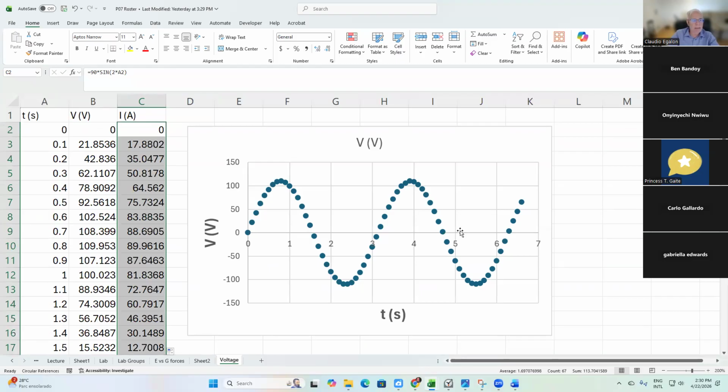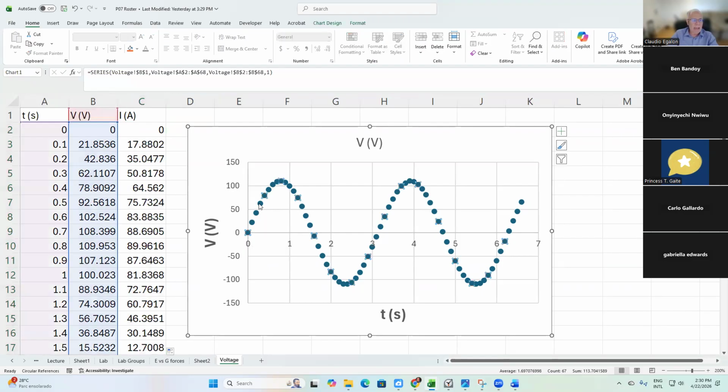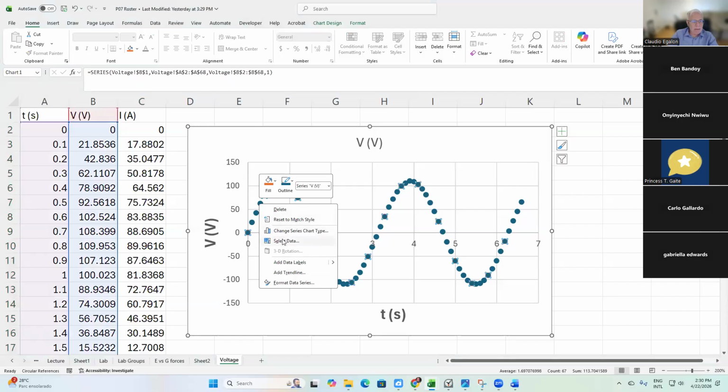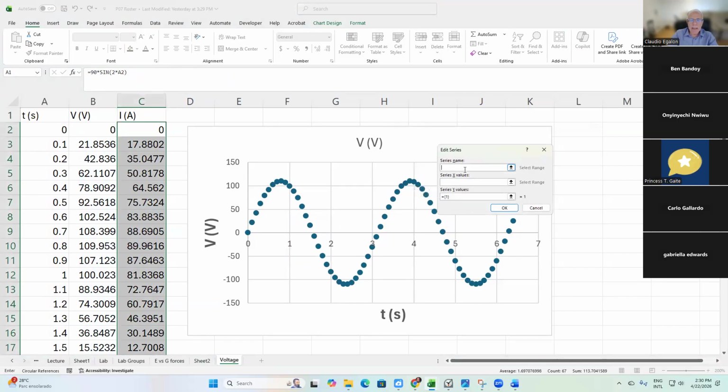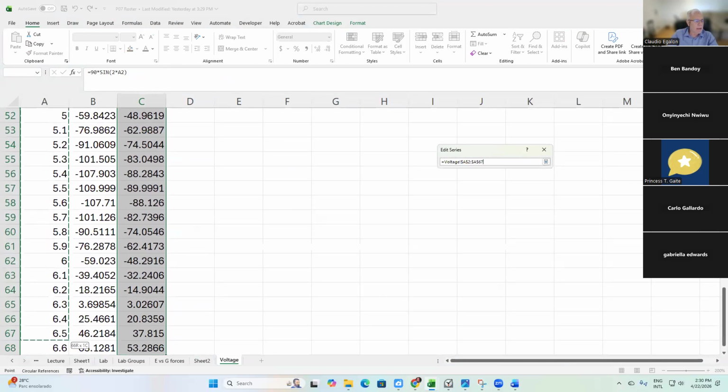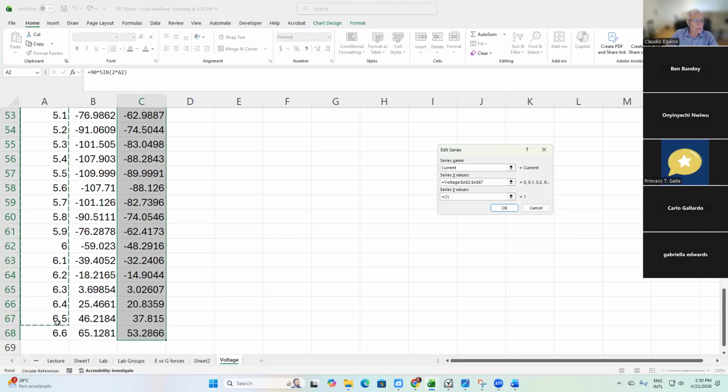What does it mean they're in phase? Not only zero amplitude, but the zero voltage and the zero current coincide in the same graph, right? So I'm going to add, here you go, select data, add current, X value is all of that, just like we did in the labs, right?